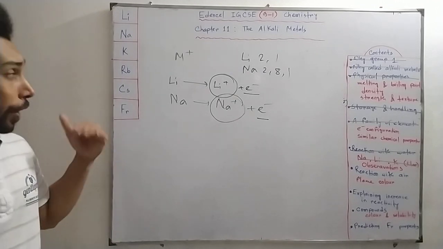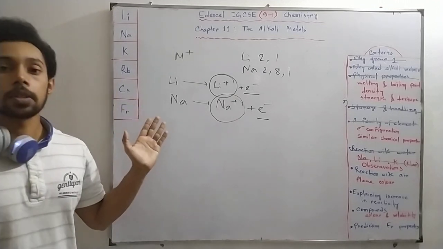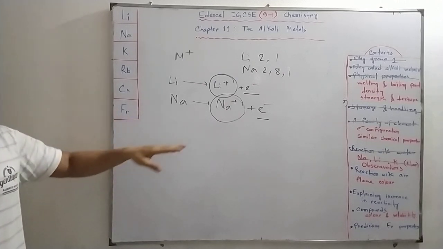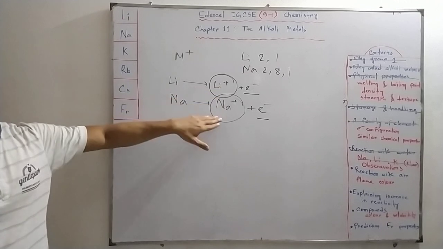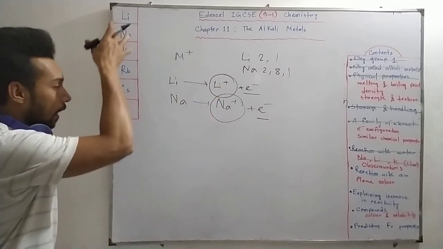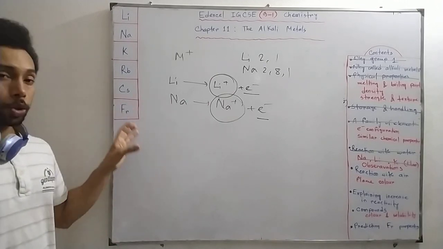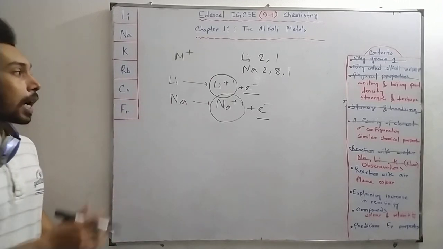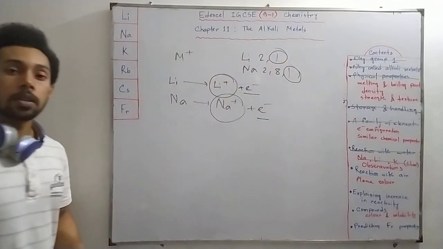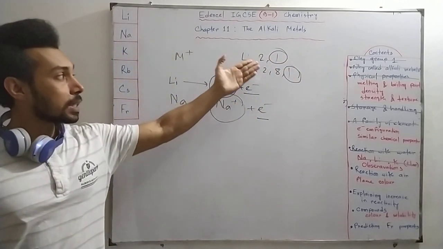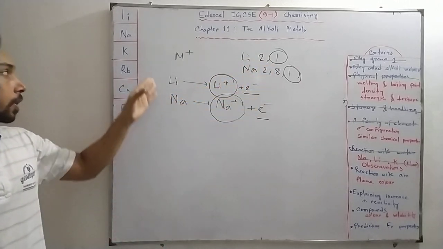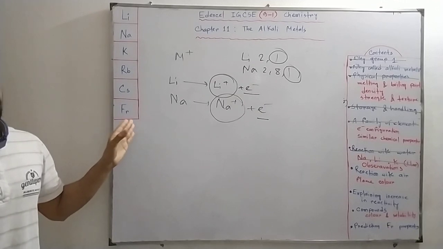And whenever a group 1 element reacts, it will form an ion with +1 charge to form an ionic compound. Therefore, the reactivity actually depends on how easily the outer shell electron is lost. The more easily the outer electron is lost, the more reactive the element will be.